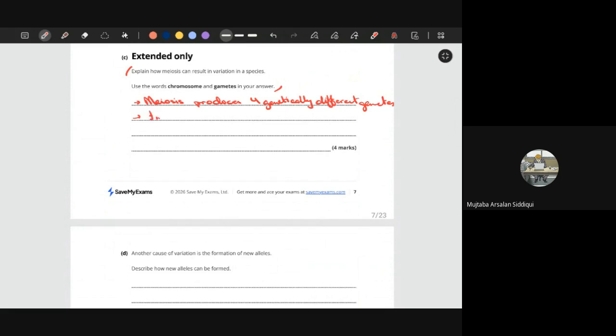Due to independent assortment and alignment of chromosomes and crossing over of genes, right?